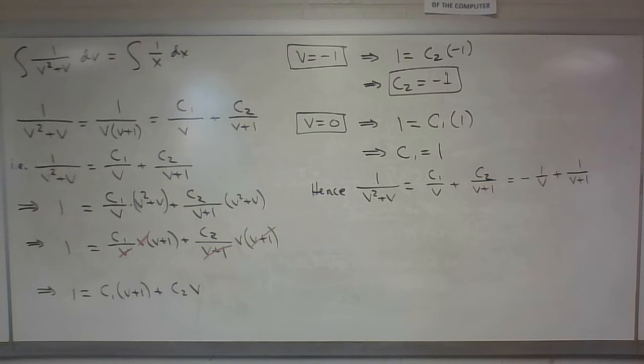And let me just make sure that it works. If I multiply top and bottom here by V plus 1, I have -V plus 1 up top. If I multiply top and bottom by V up here, I have V. Let's see, is that going to work out right?